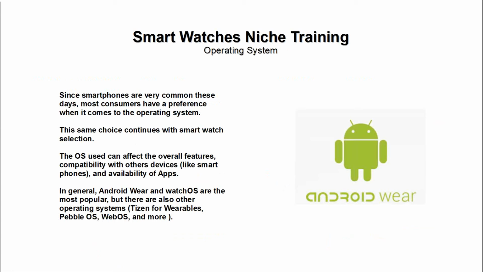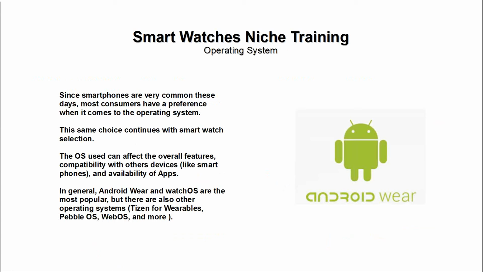So certain watches are made with a very specific operating system. So if somebody is more focused on simply getting an Android smartwatch, you would again have a limited selection of products that you would promote to that particular person.